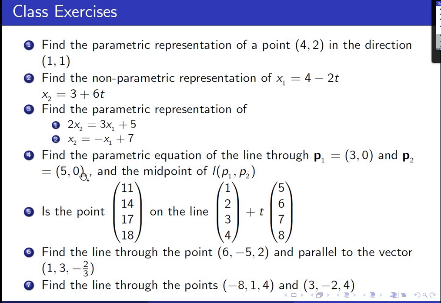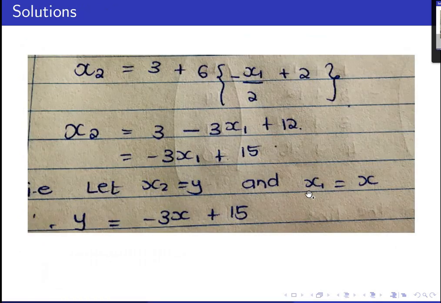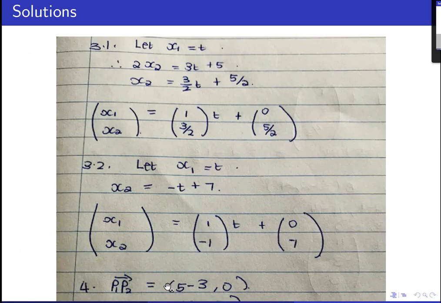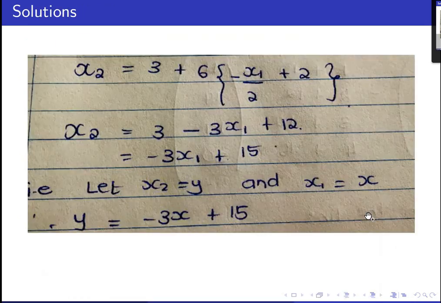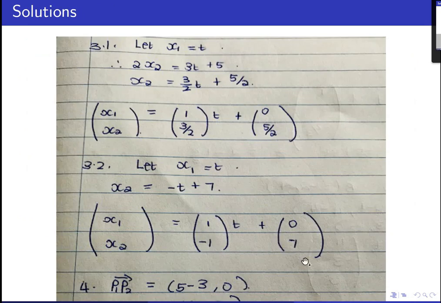Obviously our line passes through 2 points, so the direction vector will just be the vector P1P2, which is simply 5 minus 3 and 0 minus 0. So we get 2 and 0. That will be our direction vector.